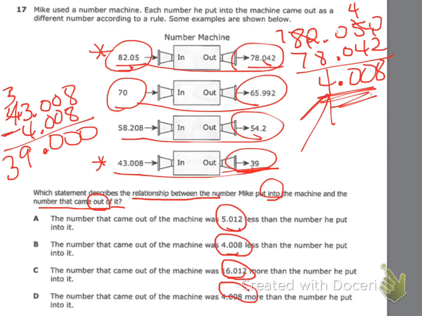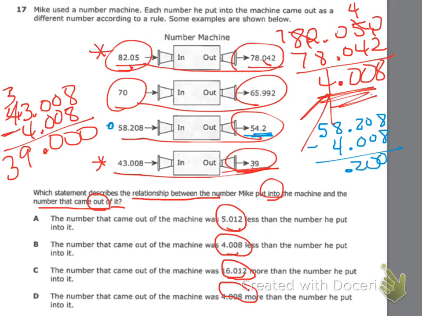So I know that this rule worked for this number. I already know it works for this number. So maybe I should check one more just to be sure. How about I check one in the middle? Like, I'll do this one right here. I'll do 58.208, and I'll subtract 4.008 and hope that it comes out 54.2.